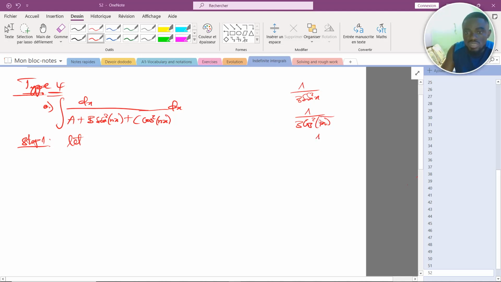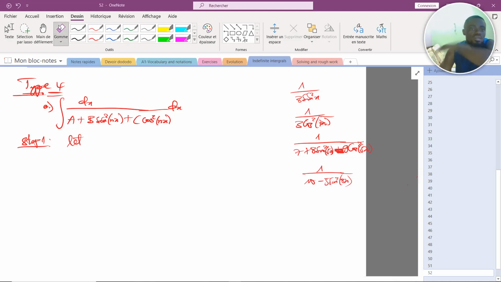They can ask you to integrate 1 over 7, let's say, plus 8 sine square 5x plus 9 cos square 5x. This angle must always be equal to this angle, or let's say minus here. They can ask you to integrate something like this, so it's still the same thing. They can ask you to integrate 10 minus 5 sine square, let's say 8x. It's still the same thing as this.